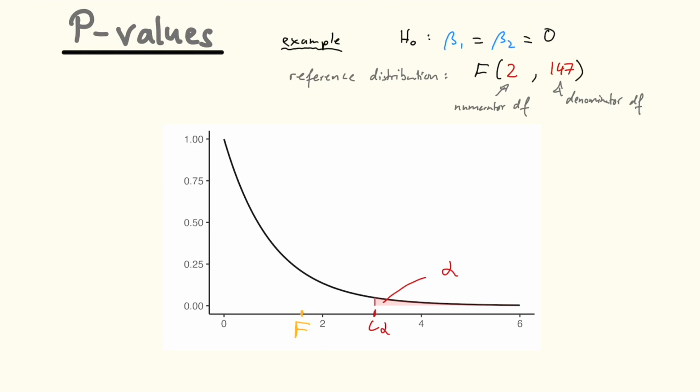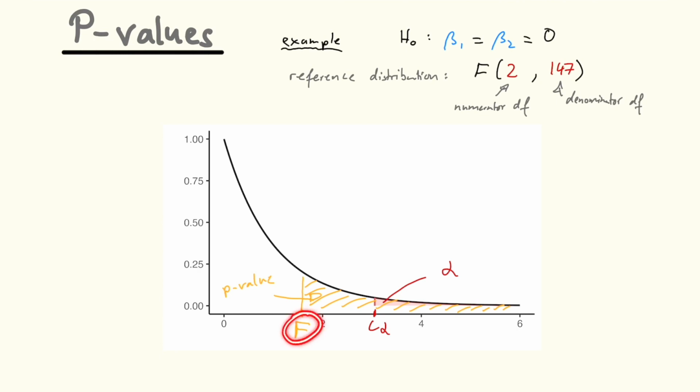I can still figure out whether the test rejects. What I can do is integrate under this curve starting at F. This means I'm computing this area. This area is called the p-value.